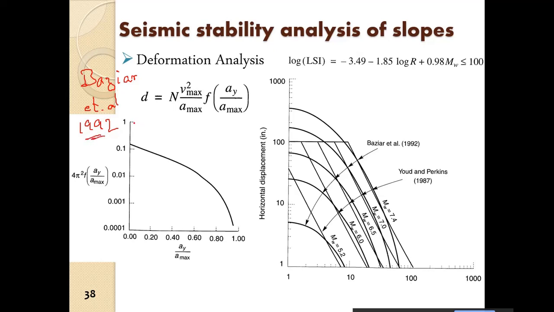They gave an expression for the displacement considering equivalent numbers of cycles in the expression itself. So here n is the equivalent numbers of cycles. All right, and then they defined the function f of ay by amax. So ay is the yield acceleration, amax is the maximum acceleration. The function they actually derived using calibration, using various case histories. So this is basically an empirical calibration.